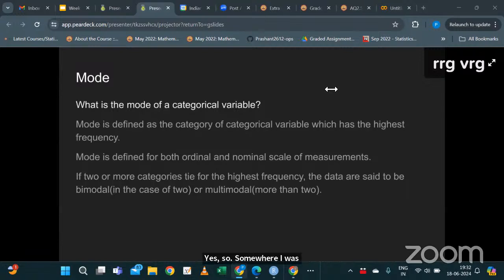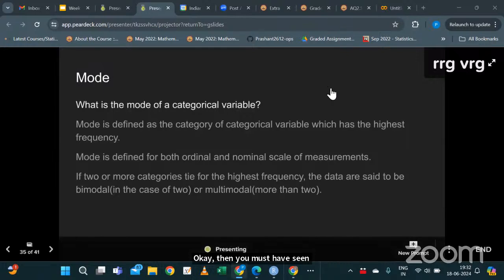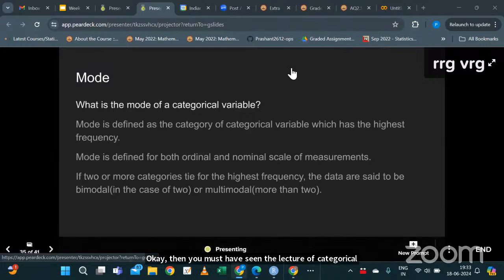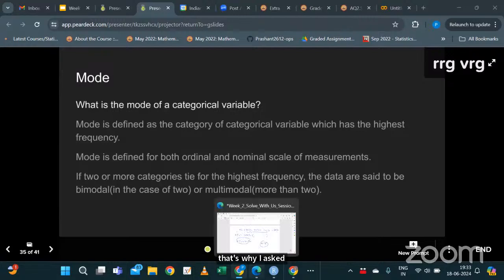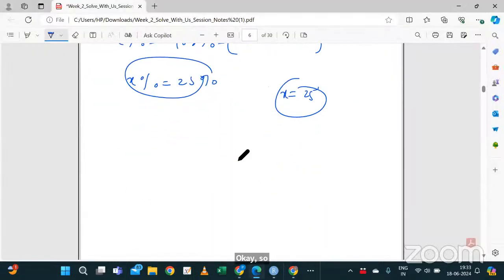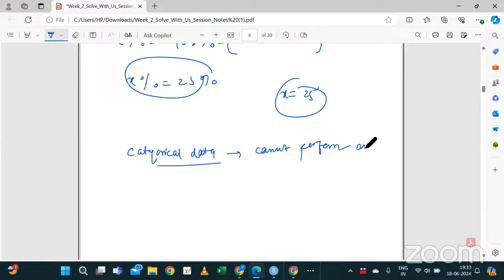Then you must have seen the lecture on categorical data and numerical data. Yes, sir, but right now it is not clicking in my mind, so that's why I asked. Okay, so you should rewatch week one. Meanwhile, let me tell you. Categorical data is any kind of data where I am not able to perform any meaningful mathematical operation.